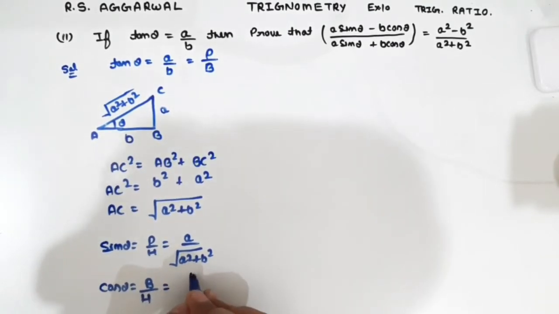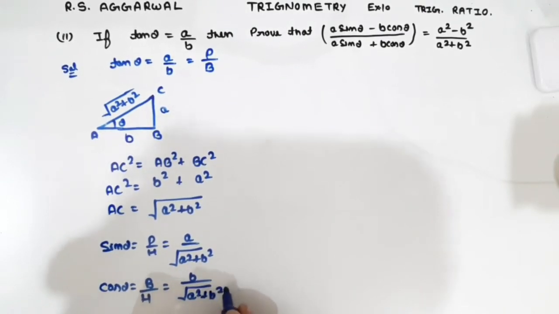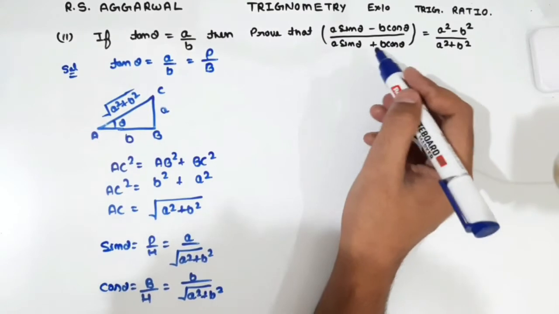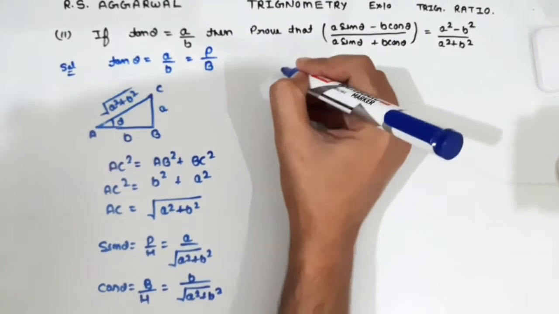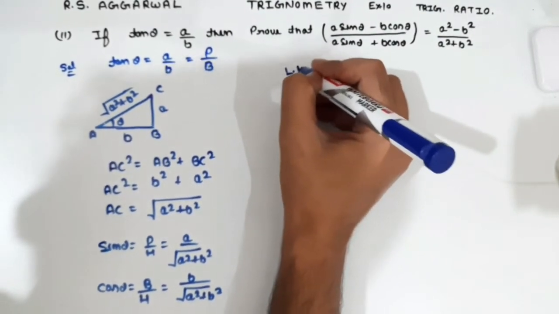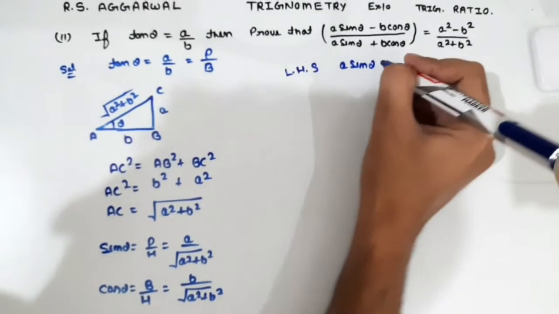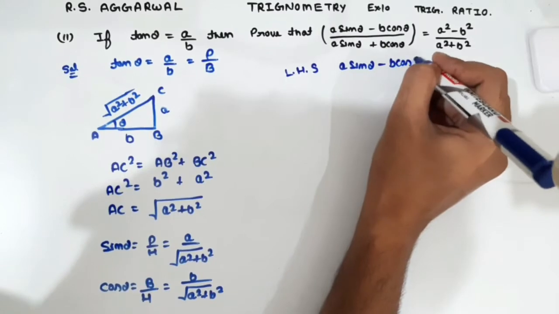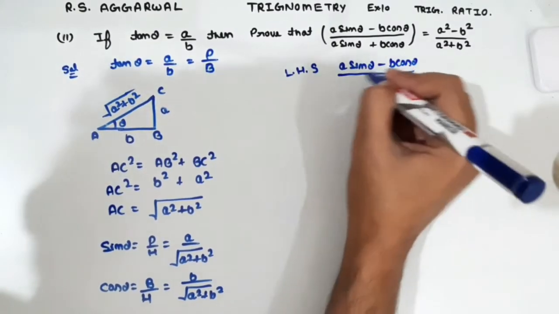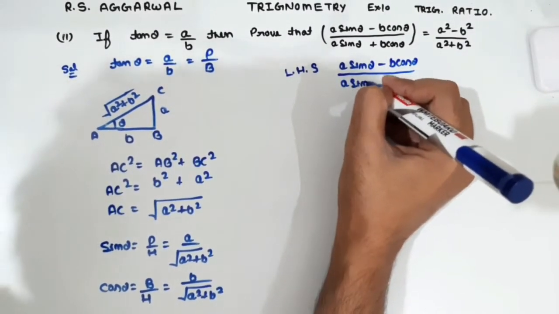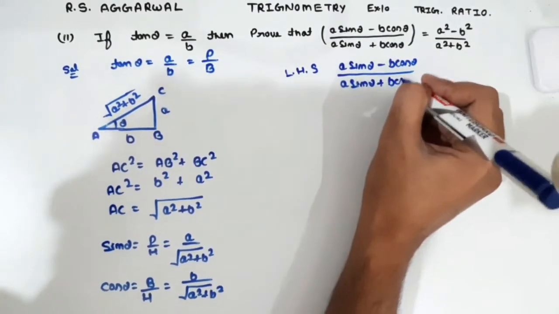So base is B and hypotenuse is under root a square plus b square. Now take LHS. So here LHS is a sin theta minus b cos theta upon a sin theta plus b cos theta.